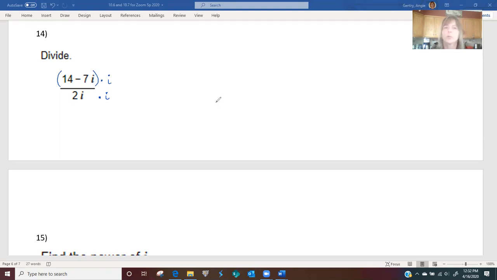Other people say I'm going to multiply it by its conjugate. I do the littlest I have to. So that leads me to a denominator of 2i squared, which leads me to 2 times negative 1, which leads me to a negative 2 in the denominator.